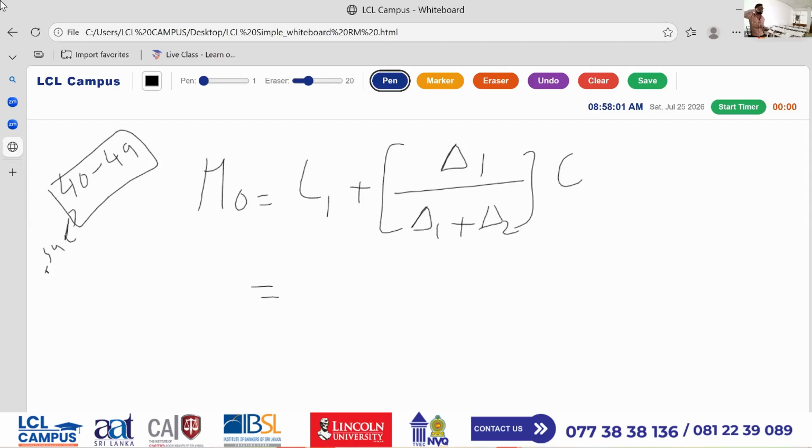That gap you want to divide by 2. Then 1 divided by 2 is 0.5. That 0.5 you subtract from here and add to this. That's the way to obtain the boundaries. 0.5 minus from 40 means 39.5. It means 49.5. And then the lower bound will be 39.5. Plus delta 1 what?